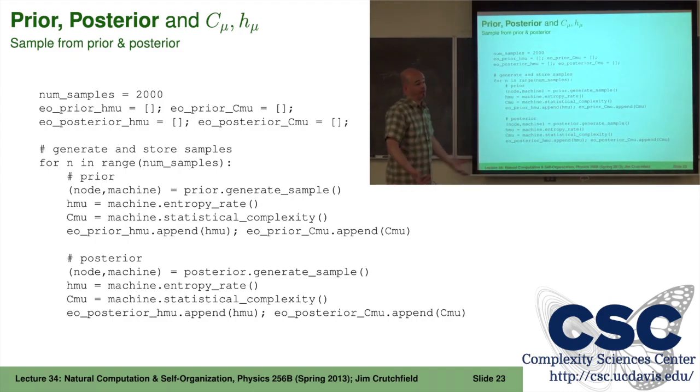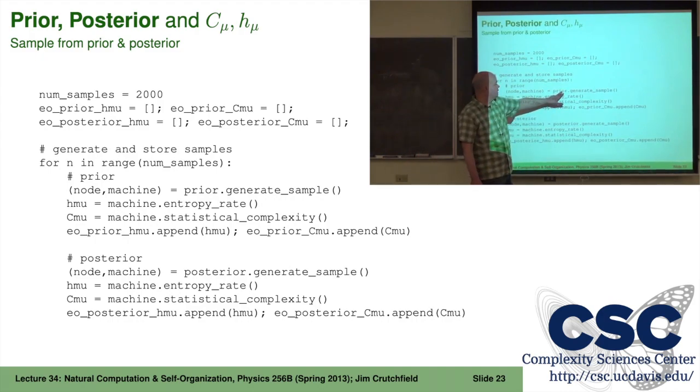But they're these same methods that can be used in similar ways. But what's different here is, again, what we did at the end of last lecture: we're going to use one loop to sample both from the prior and the posterior, and we're going to estimate HMU for the prior, CMU for the prior, HMU from the posterior, CMU from the posterior each time through, and then add them to a list.